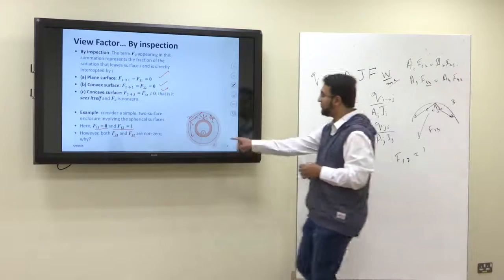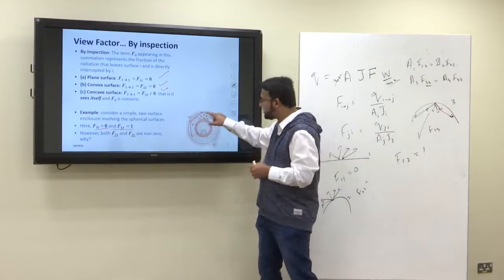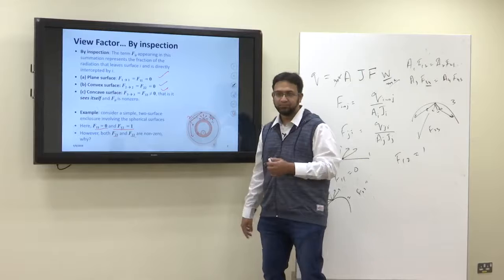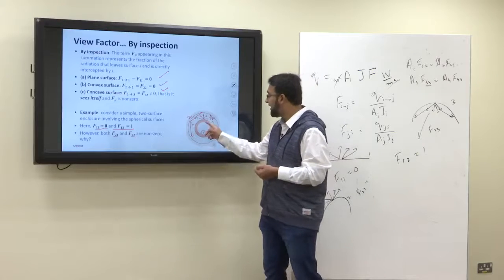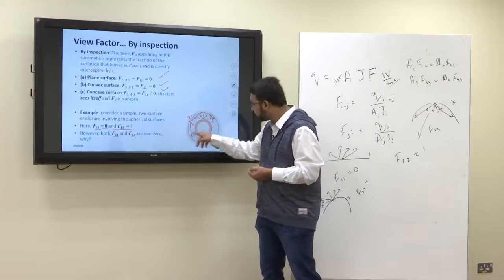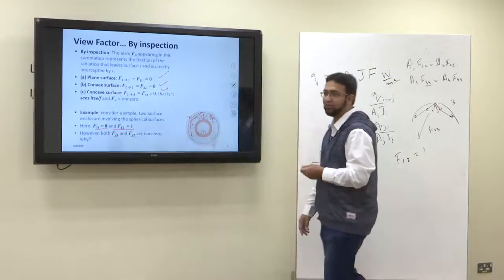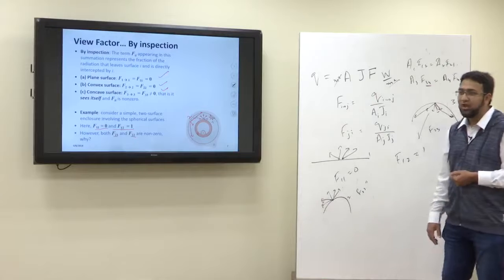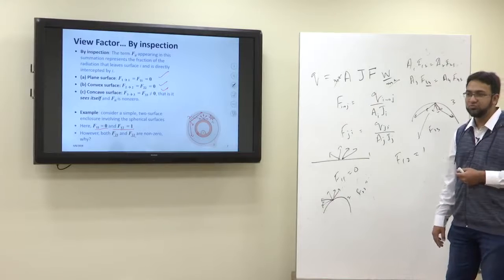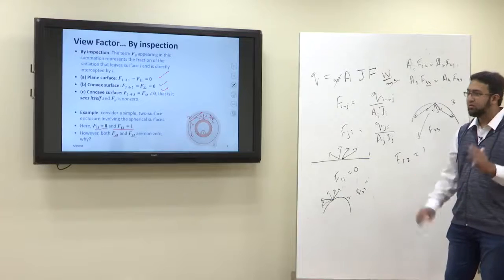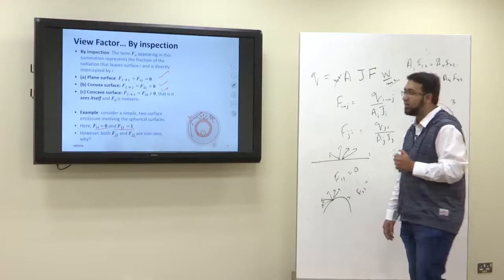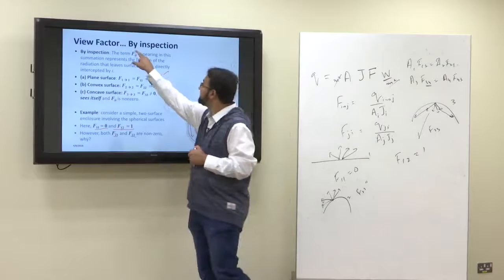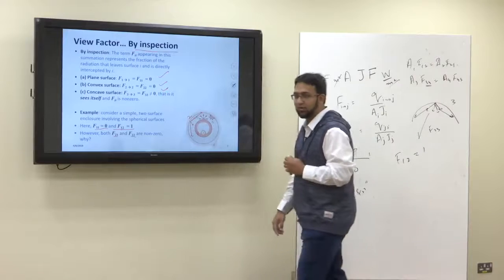So the energy leaving 2 can reach 2 again, and the energy leaving 2 can also reach 1. Both are possible. So F21 and F22 are not 0 or 1, they are in between. But F11 is 0 and F12 is 1. We are doing it by inspection.